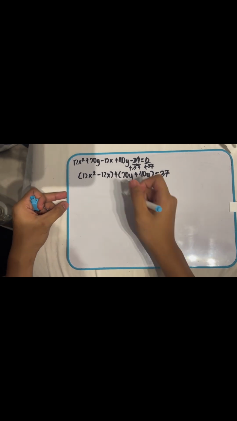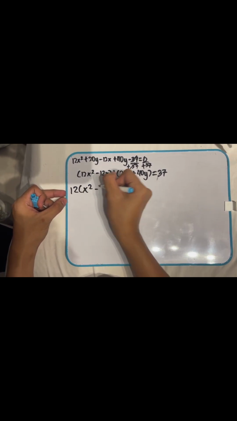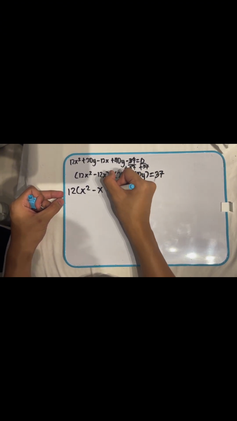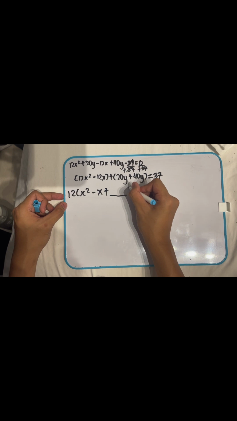So first, we need to factor this out. We use 12 times x squared minus x. We need to add, then leave a space.